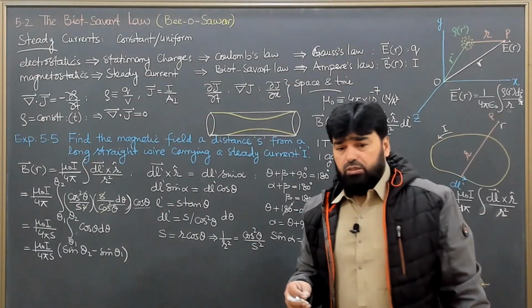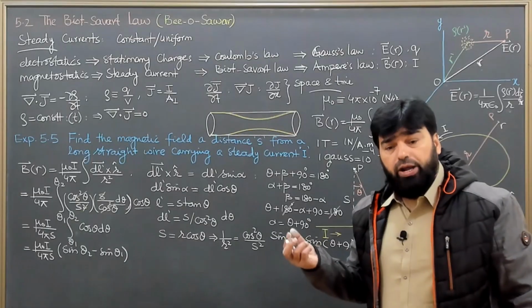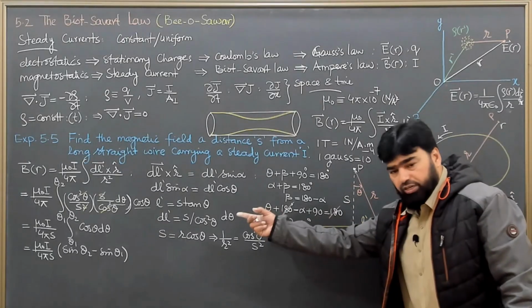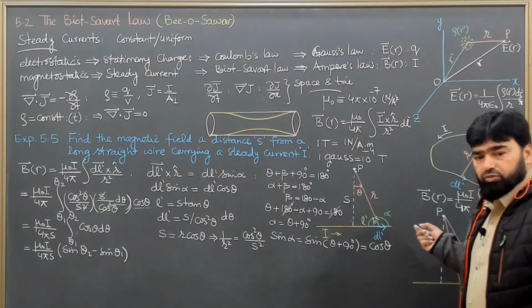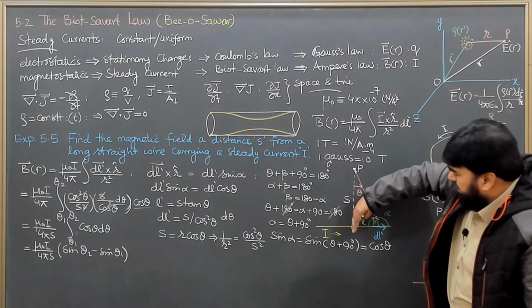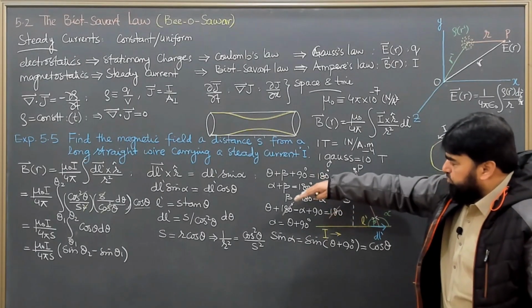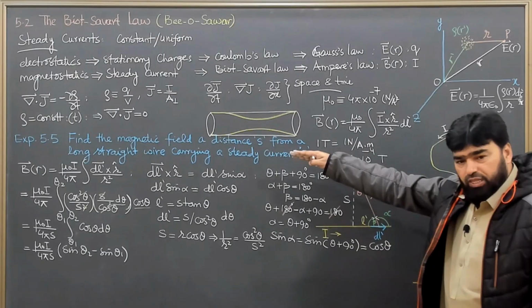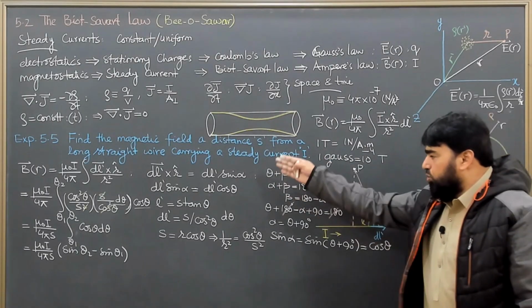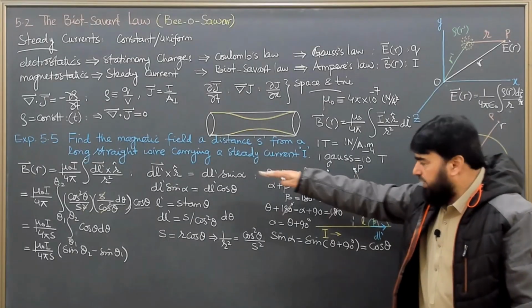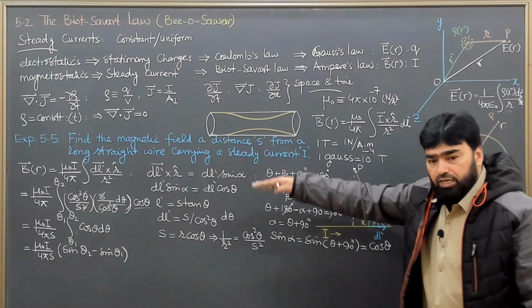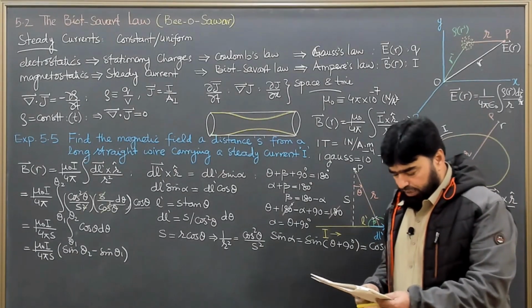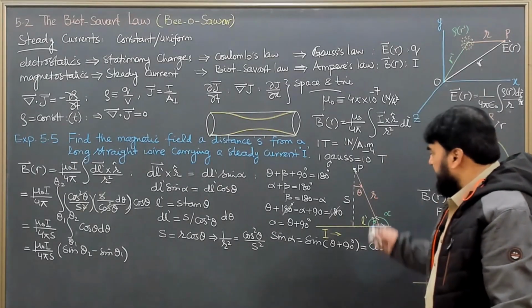Now, if this is a very long wire, like this side is extending to infinity and this side is extending to infinity, what will happen? The angle theta 1 will extend to almost parallel to the straight line, and then the other angle will go to the other end. So the angles are basically extending this way.